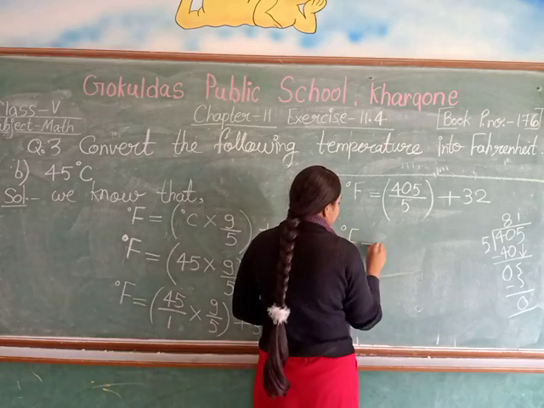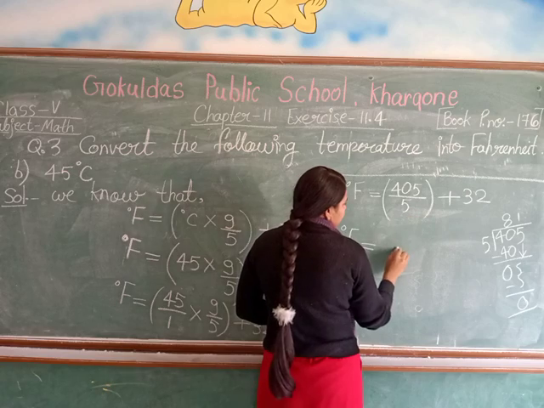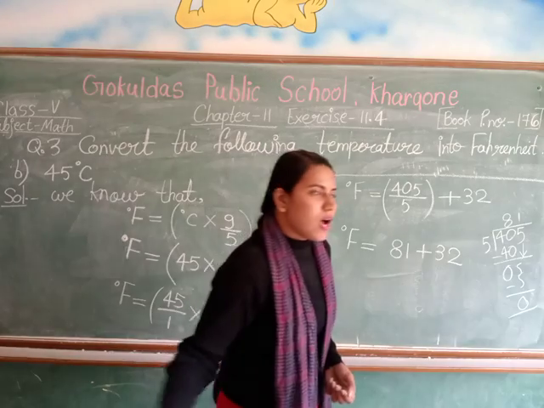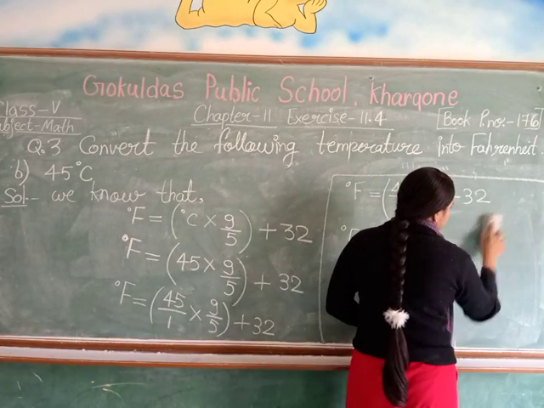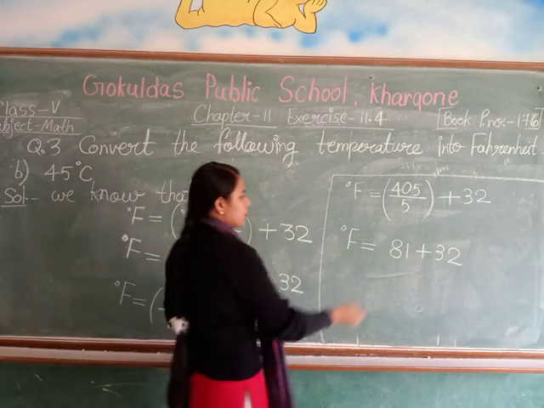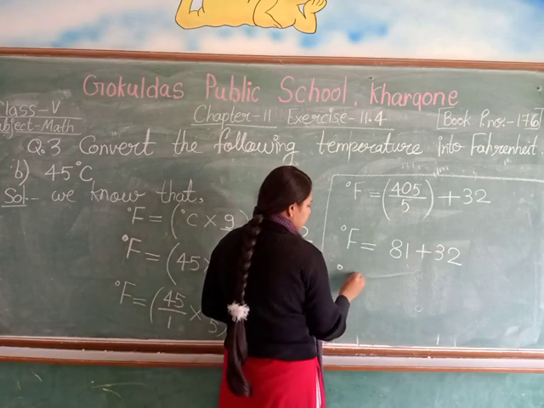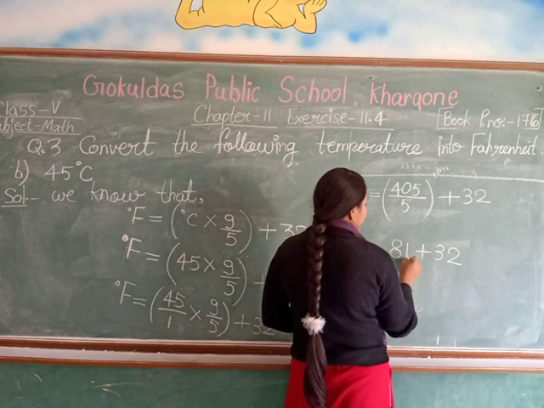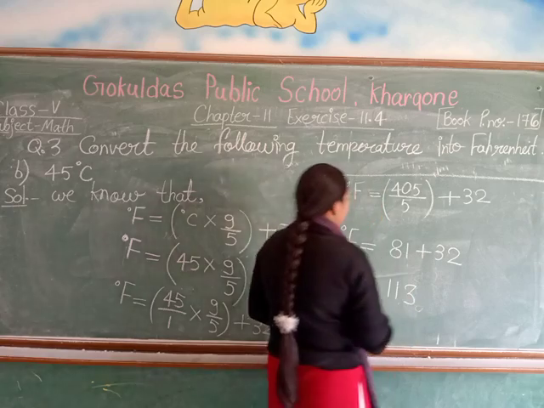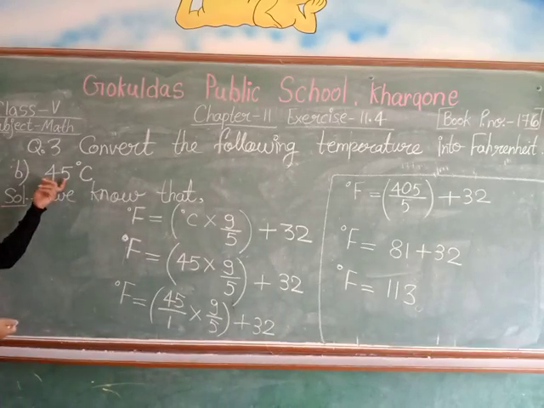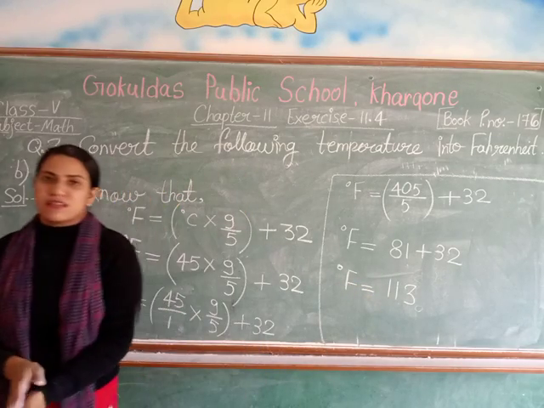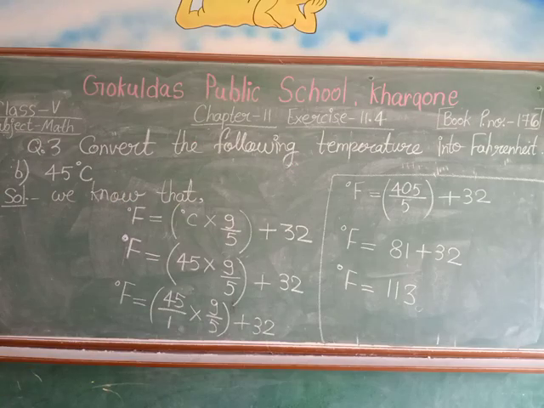So write degree F as it is, equal to 81 plus 32. Now I am erasing the numbers. So degree F is equal to 81 plus 32, which is 113. So 45 degree C will be equal to 113 Fahrenheit. This is how we convert Celsius into Fahrenheit.